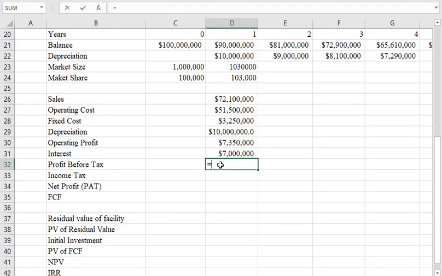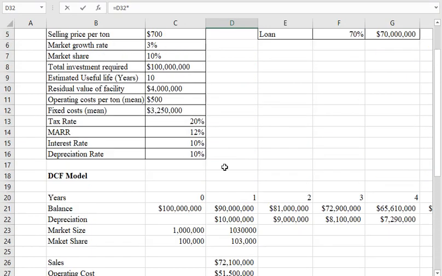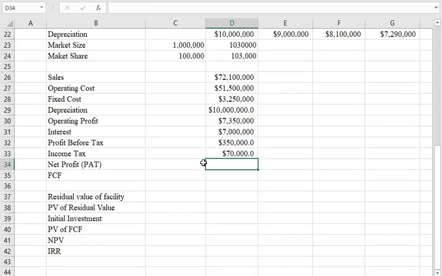The profit before tax is calculated as operating profit minus interest. For the income tax, the profit before tax is multiplied by the tax rate, that is 20%. The net profit is calculated as profit before tax minus income tax.